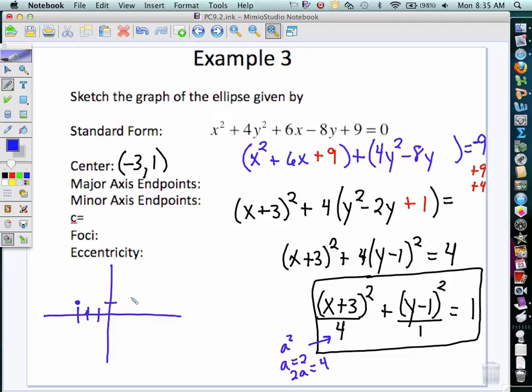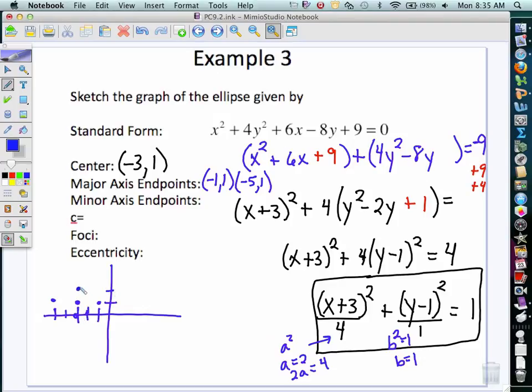We've got our center at negative 3, 1. And we have to take our major axis as 2 units to the right, 2 units to the left. So those ordered pairs are negative 1, 1, and negative 5, 1.